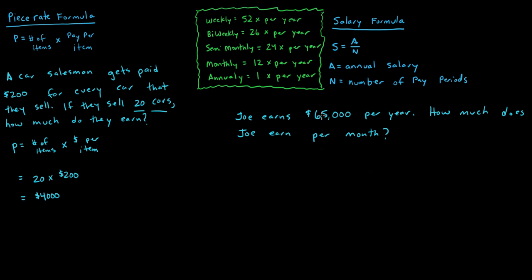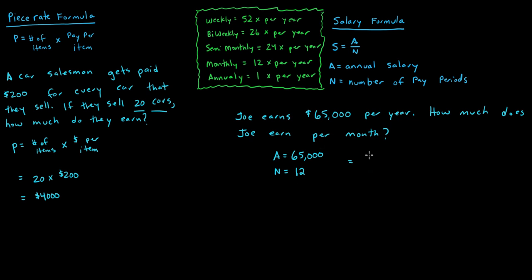So what I would do is, if each month means it's 12 times per year, I would take the A, or the annual salary. In this case, the annual salary is $65,000, right? That's the A. And then the N would be the number of pay periods per year. So in this case, if it was monthly, it would be 12.